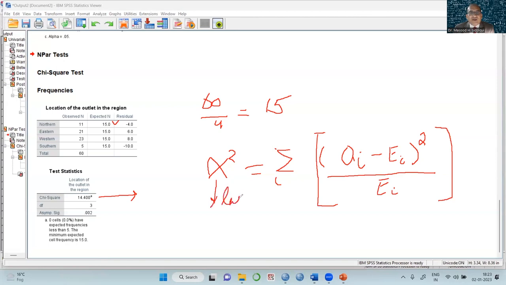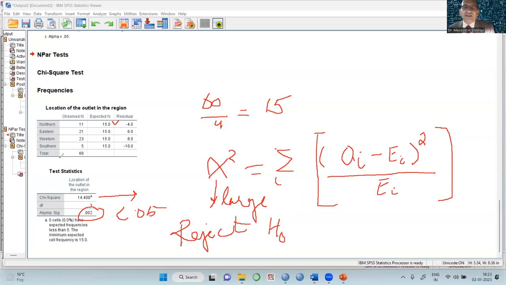If we have a large chi-square value, then obviously the p-value would be low, less than 0.05. Less than 0.05 means we reject H naught, meaning there is not equal presence, meaning some particular location dominates as far as the presence of the outlets is concerned.